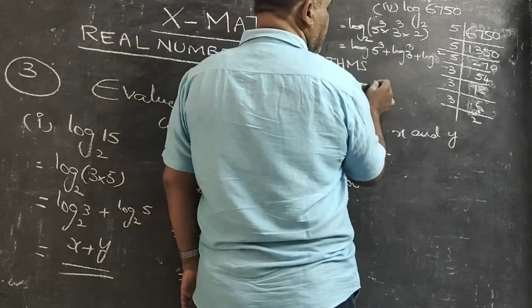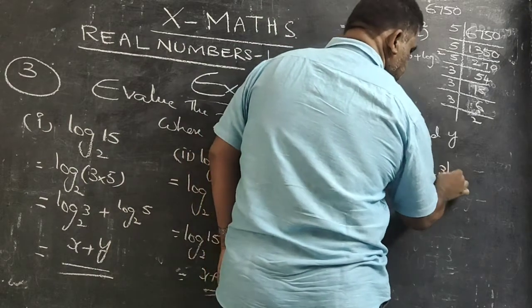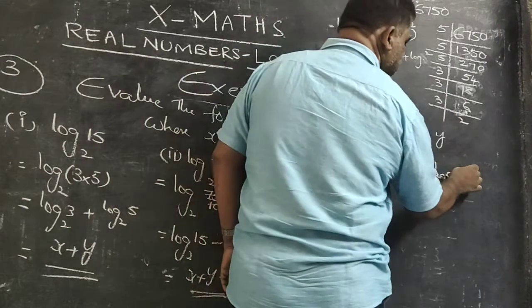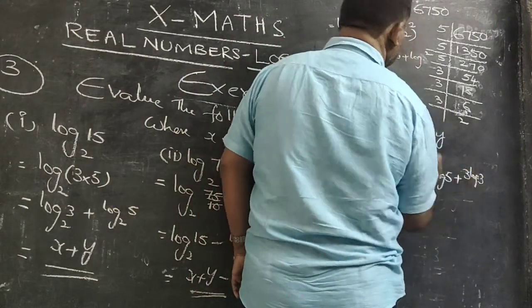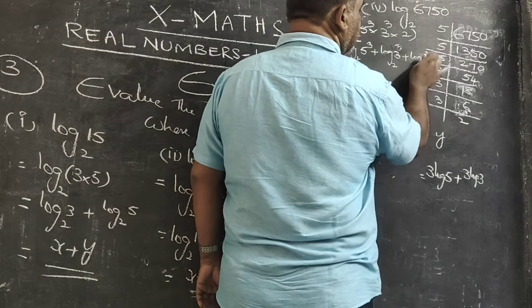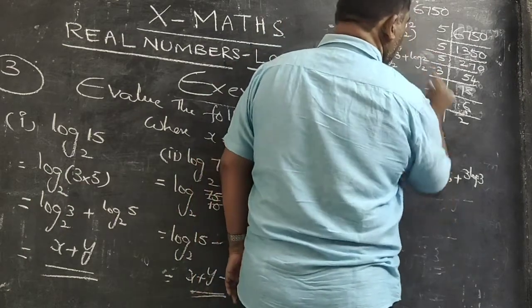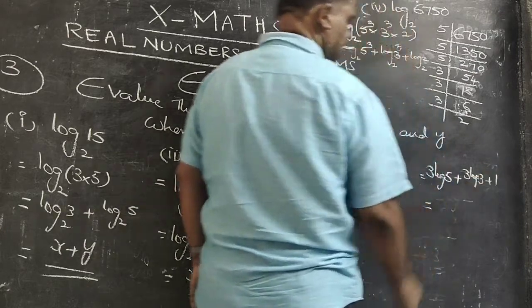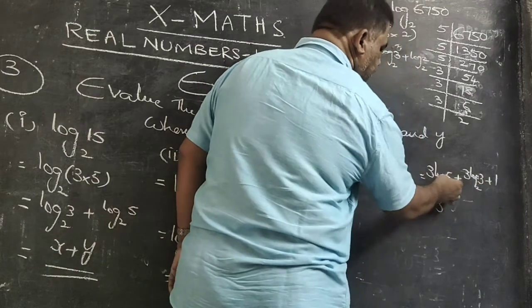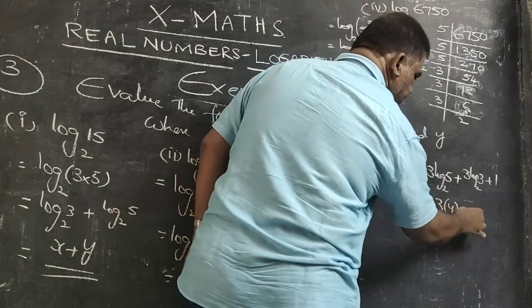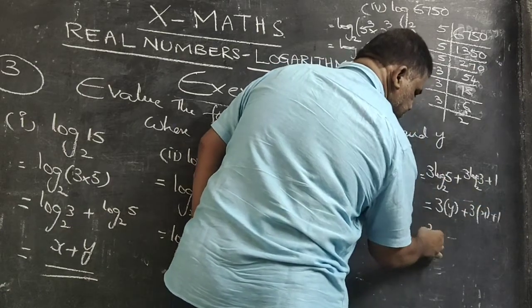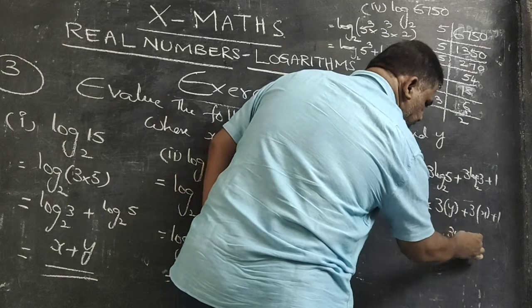So log 5 cube means it is 3 log 5 plus log 3 cube means it is 3 log 3, and log 2 base 2 is 1. Here log 5 base 2 is y, log 3 base 2 is x, plus 1. So the answer is 3x plus 3y plus 1.